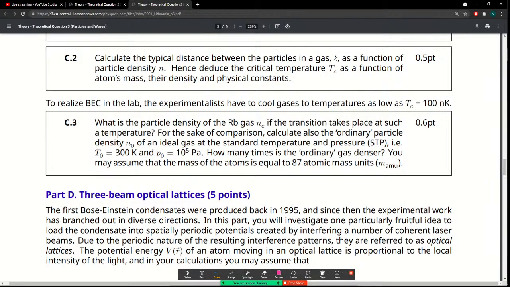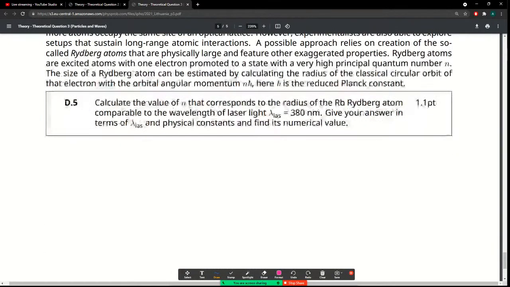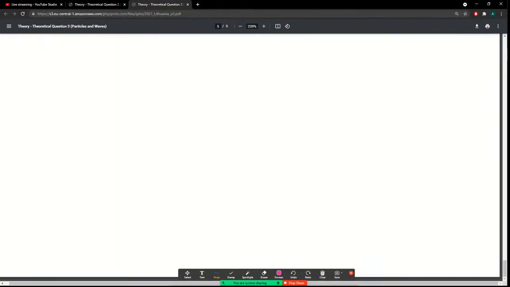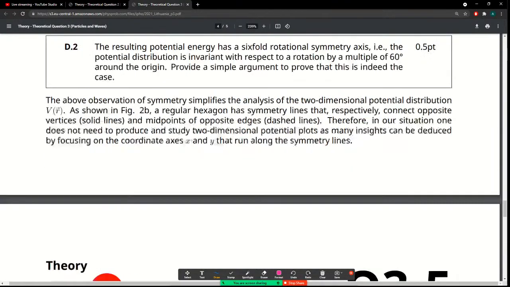For the sake of comparison, calculate also the ordinary particle density N0 of an ideal gas at standard temperature and pressure STP, that is T0 equals 100 Kelvin and P0 equals 10 to the power 5 Pascal. How many times is the ordinary gas denser?